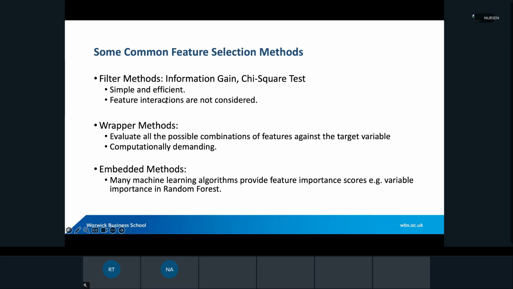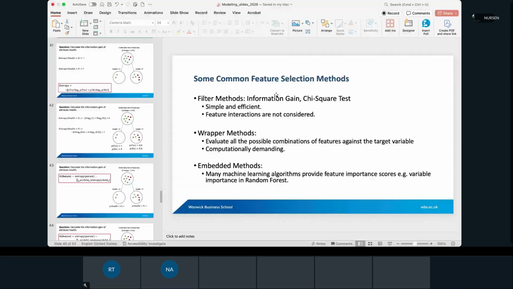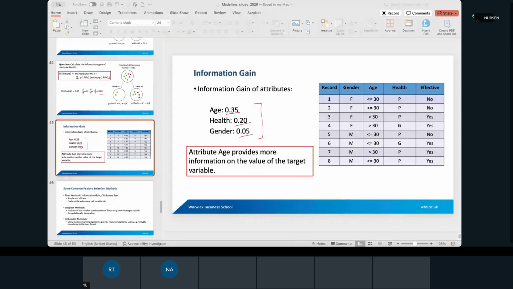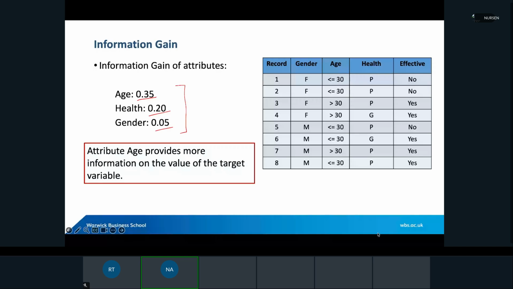Okay. So let me see whether there are any questions. Any questions about this topic before I summarize? So please type your questions and let me just cover again. Information gain will tell us which features are more informative or provide more information about the target variable.